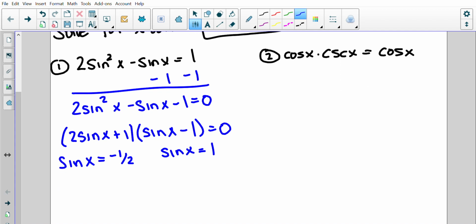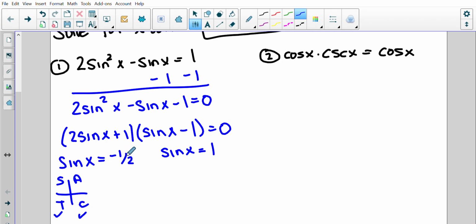And so as you go through and you solve this, we've actually done problems like this probably way back in unit 7. But basically, remember, in order to solve for sine x equals negative 1/2, what you're doing is you're first taking into consideration a smart trig class and deciding what quadrants sine is going to be negative in, which would be quadrants 3 and 4.